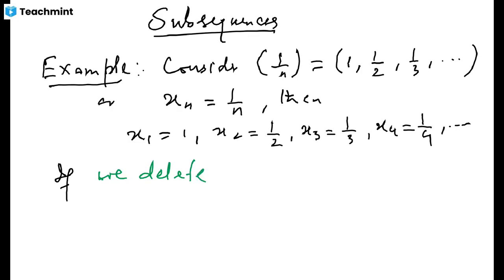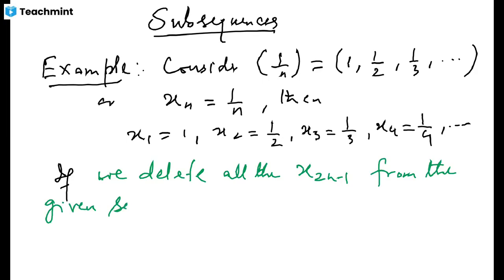If we delete all the odd terms, the 2n minus 1 terms, from the given sequence, what we are left with, all the odd terms are deleted.